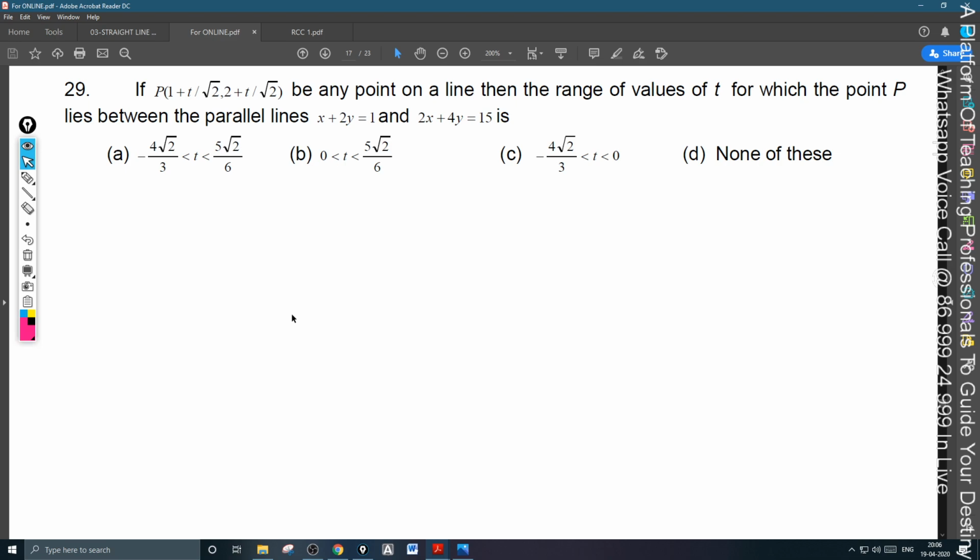If P, 1 plus t by root 2 comma 2 plus t by root 2, be any point on a line, then the range of the values of t for which the point P lies between the parallel lines.